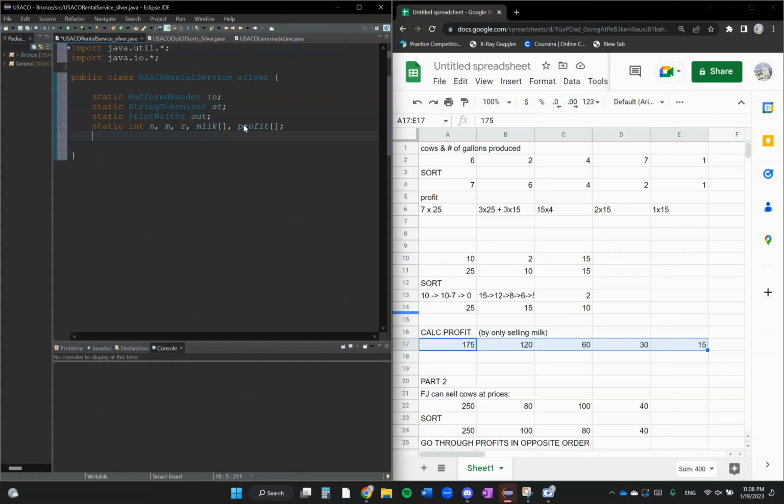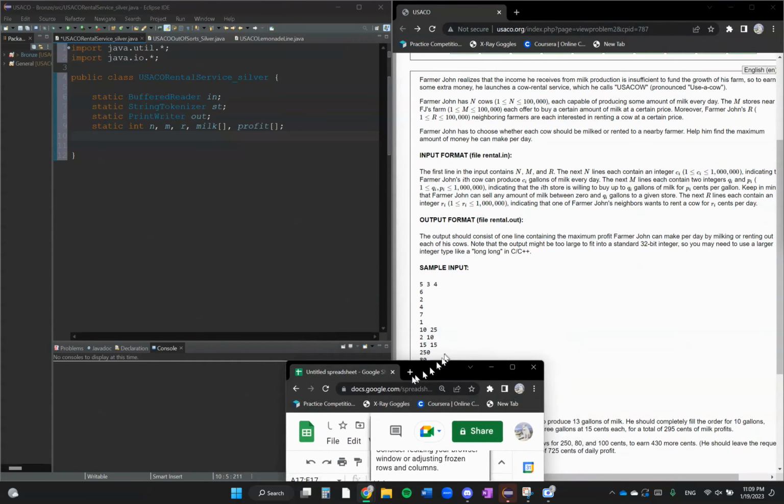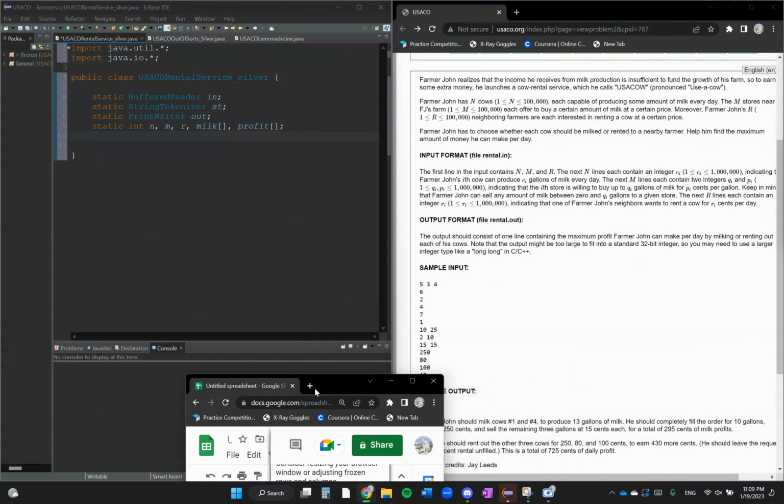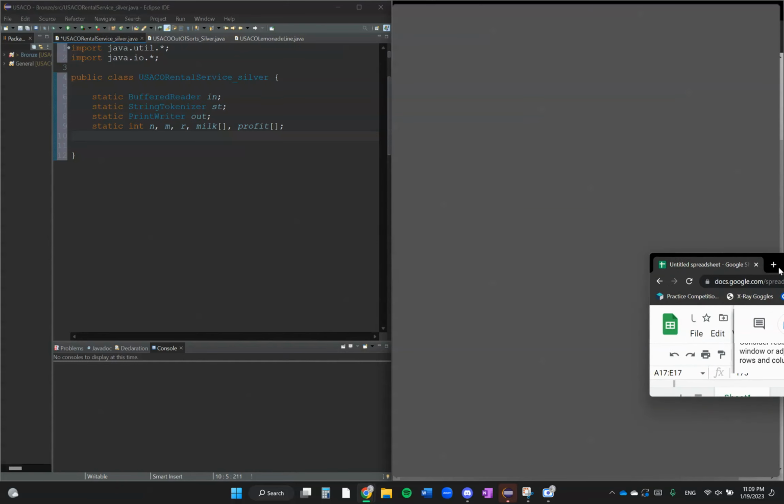For the stores, I think it would be really convenient to use a TreeMap.